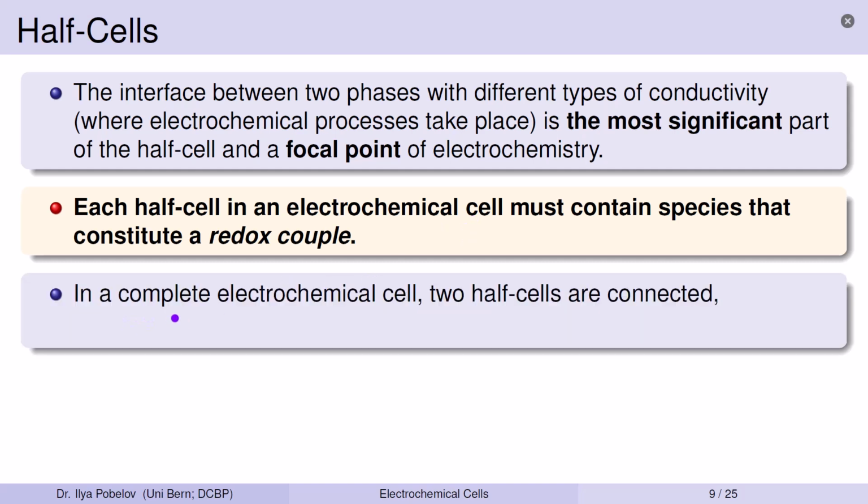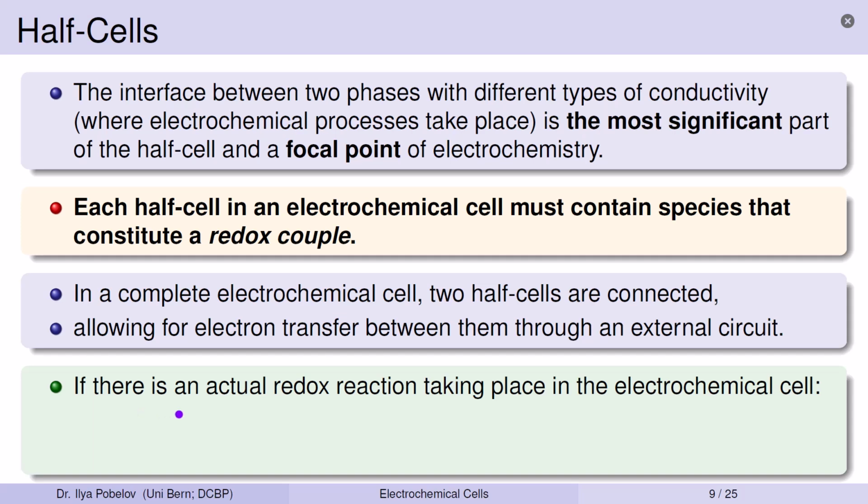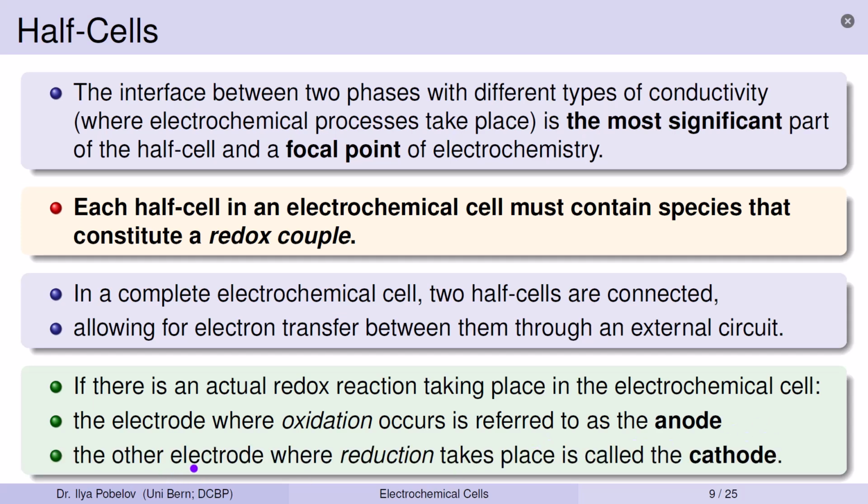In a complete electrochemical cell, two half cells are connected, allowing for electron transfer between them through an external circuit. If there is an actual redox reaction taking place in the electrochemical cell, the electrode where oxidation occurs is referred to as the anode, while the other electrode where reduction takes place is called the cathode.